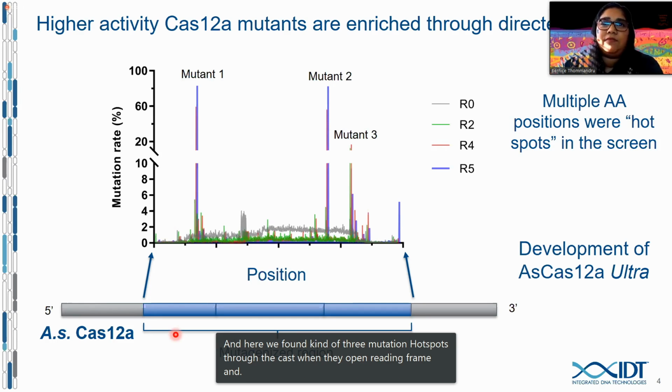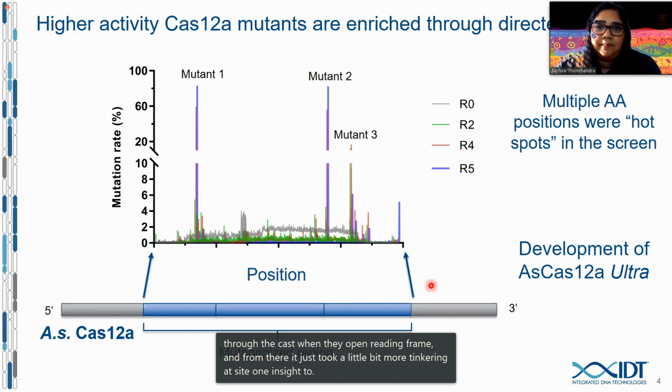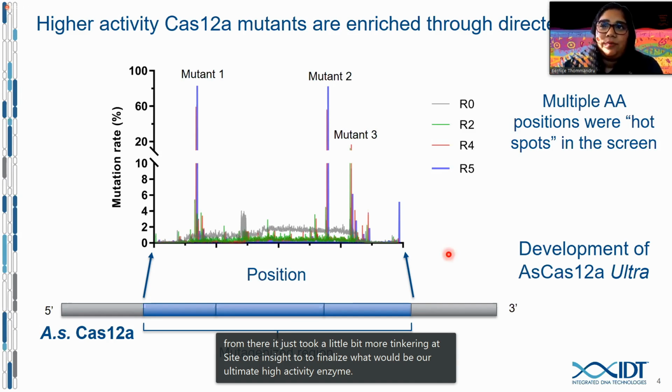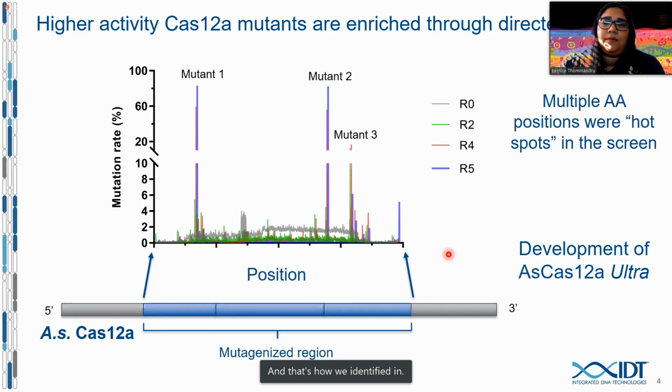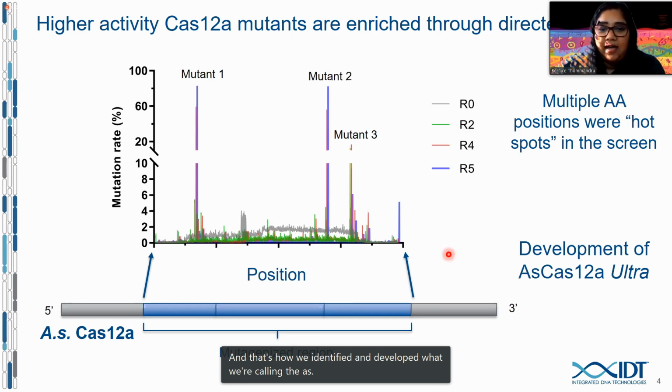And from there, it just took a little bit more tinkering at site 1 and site 2 to finalize what would be our ultimate high activity enzyme. And that's how we identified and developed what we're calling the AsCas12a Ultra protein.